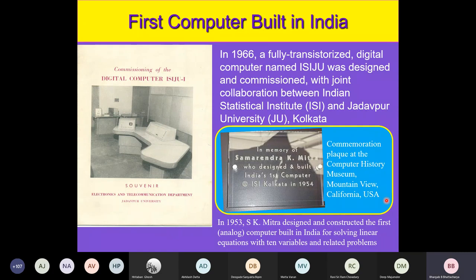It reads in memory of Shamarendra Kumar Mitra, who designed and built India's first computer at ISI Kolkata in 1954. So if someday you get an opportunity to visit this museum in the US, and if you have some time, please go to this place and you would see this plaque.